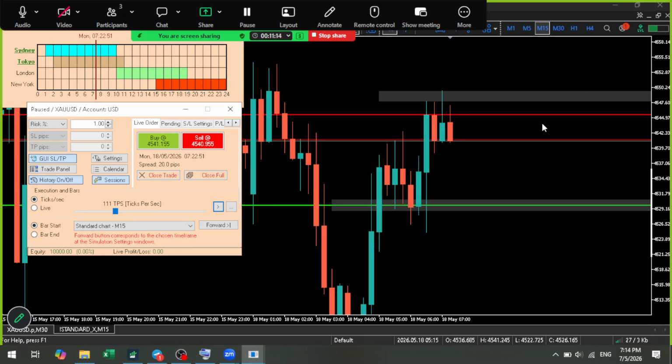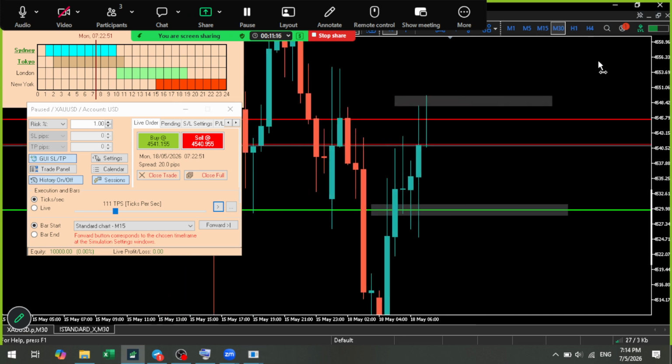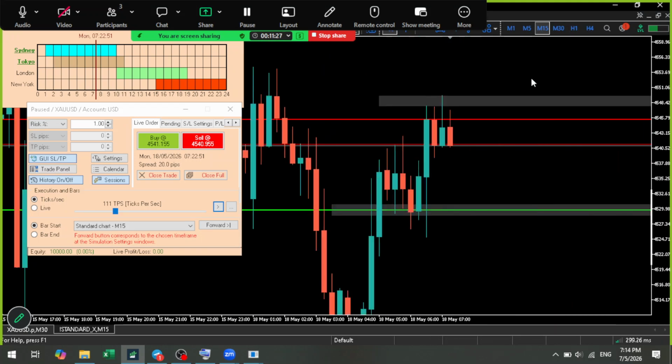We are faced with a question: should we sell, should we not? Yes, I think it broke the high, now it's trying to break its own low. Maybe we should sell with 1%.